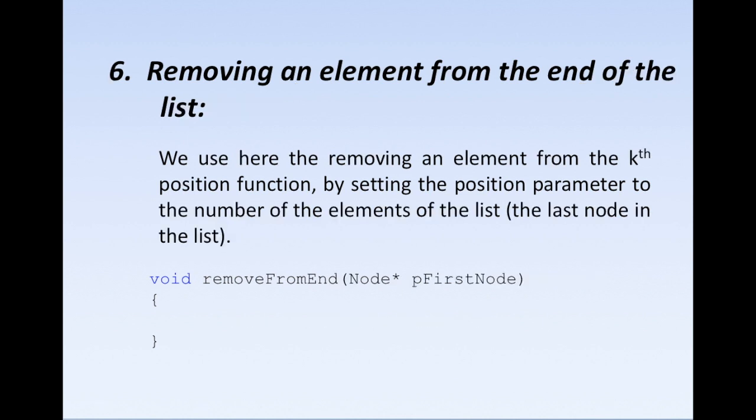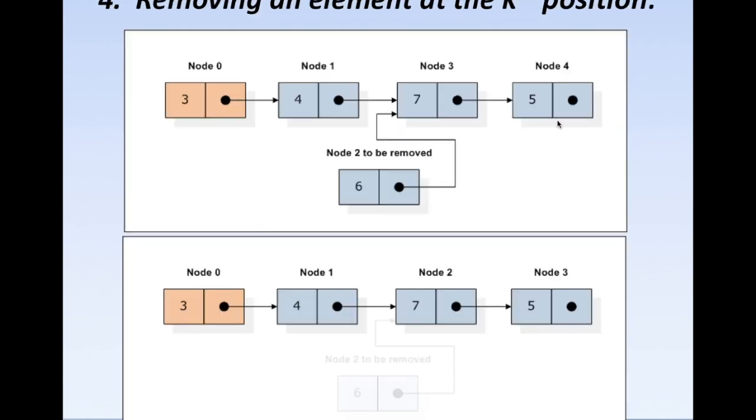Removing from the end of the list, again, this function is called remove from end, and it's going to call remove node. But what is the position of the last element? In this case, for example, it is 4, and 4 is the number stored here, because we said that the first element in the linked list contains the count, the number of nodes in the list.